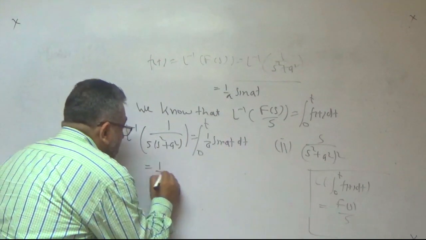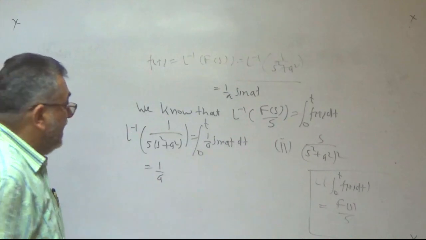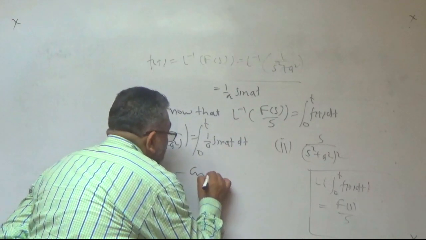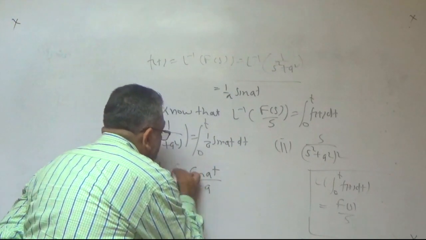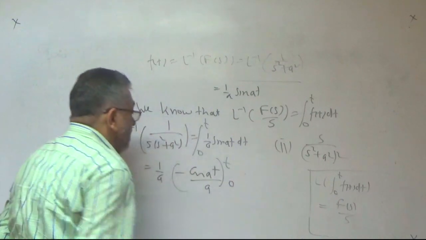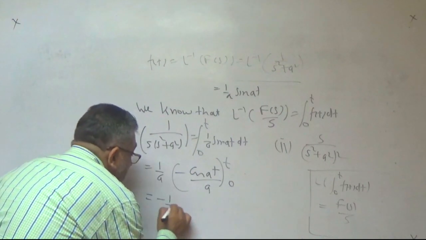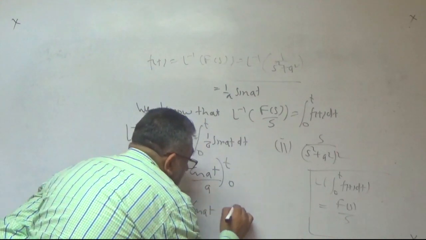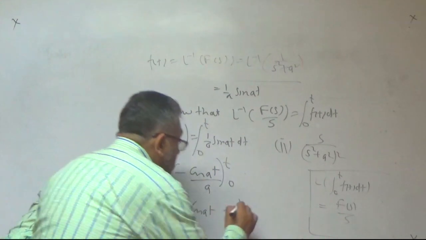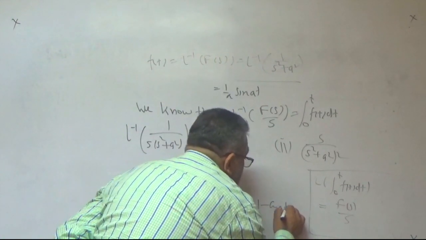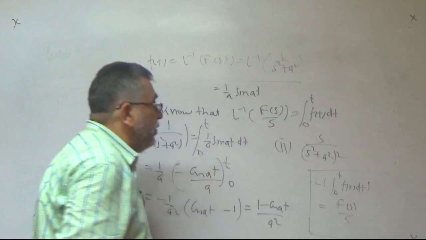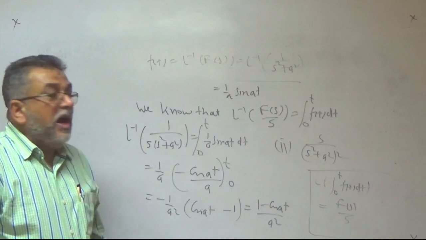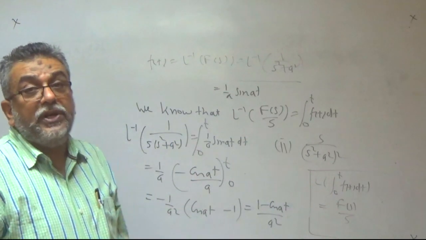Take 1 upon a outside the integral, and the integration of sine at is minus cos at upon a, from t to 0. If we take a outside, 1 by a square, upper limit cos at, lower limit cos 0 which is 1, that is, (1 minus cos at) upon a square. That is your required answer, the answer of the first part of that question.